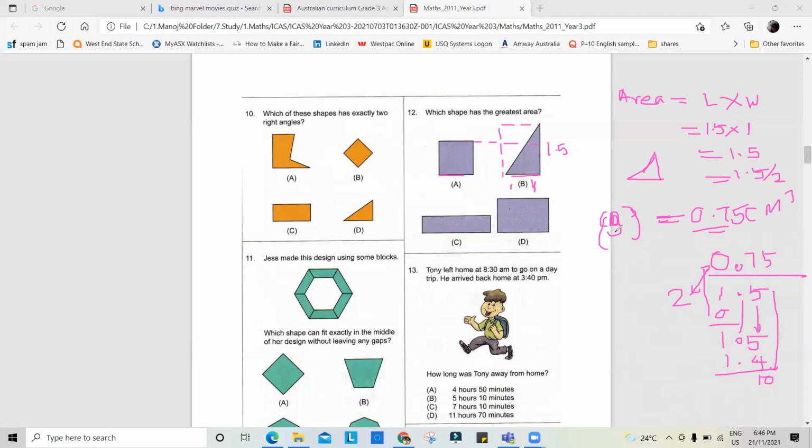Yeah, you can write area B, right? This shape, area B. I'm finished. Finished? Yeah. Can I clear this? Yeah.